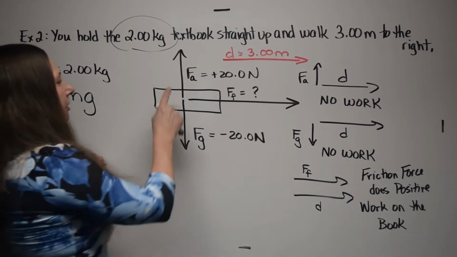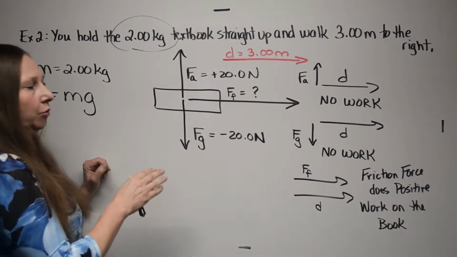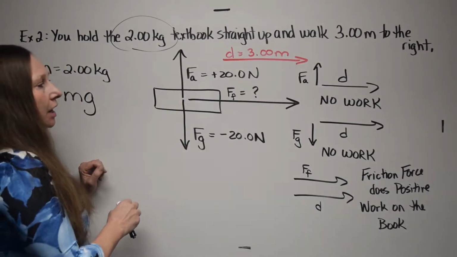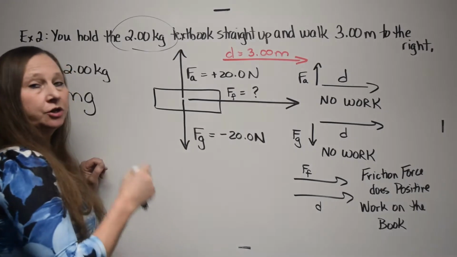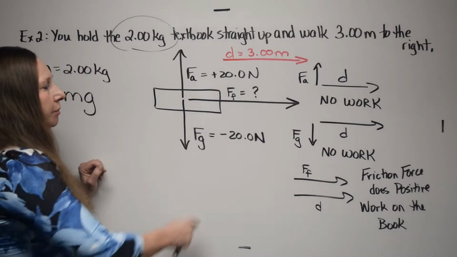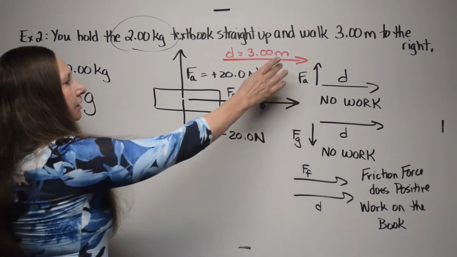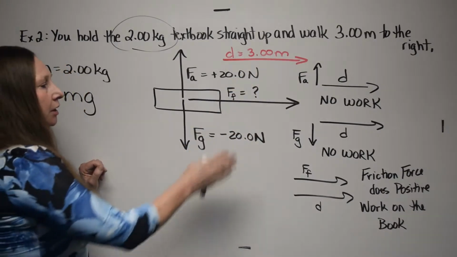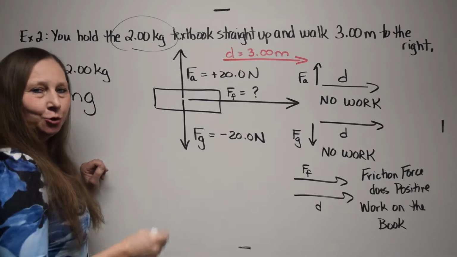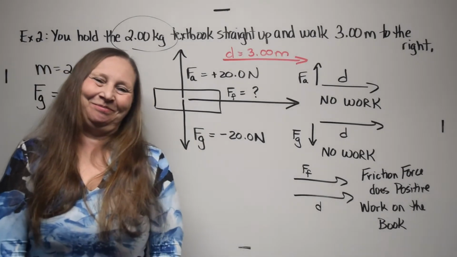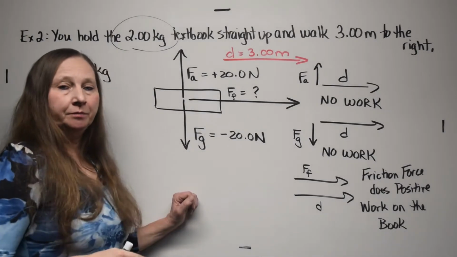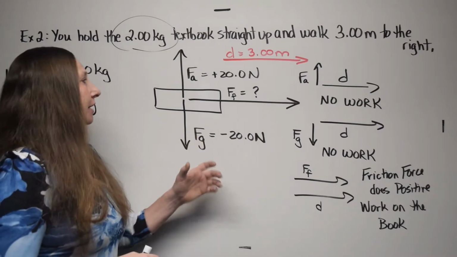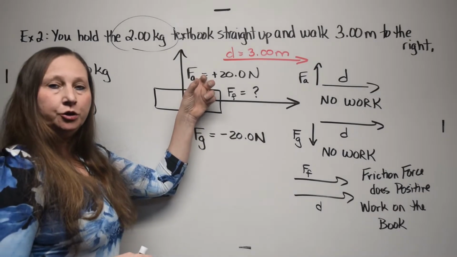But basically, the applied force is not doing work. The gravitational force is not doing work. The friction force is doing work because the friction is to the right, the displacement is to the right, the force and the displacement are parallel. Now just remember, if the question is asking, is the applied force doing work?